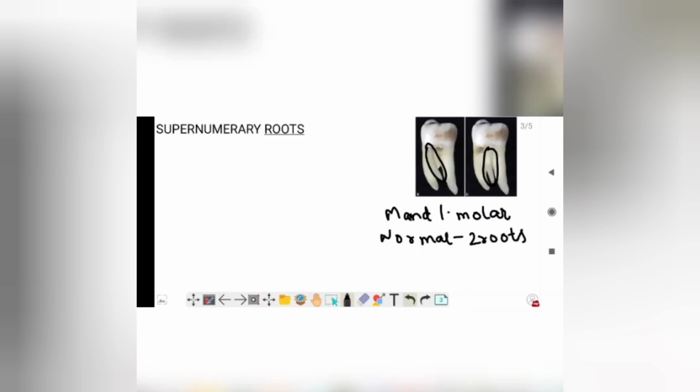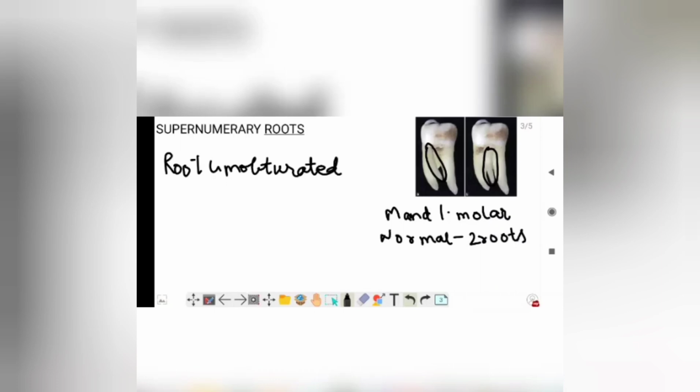So during endodontic procedures, the root is unobturated. During exodontia, it can be broken off and can cause infection.